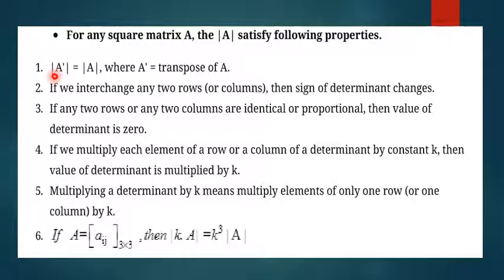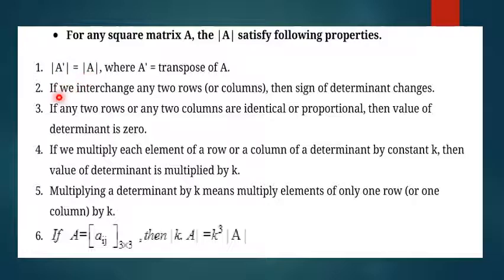The determinant of A dash equals the determinant of A, that is, A transpose has the same determinant as A, where A dash is the transpose of A. Determinant A dash equal to determinant A means its value does not change. In matrices, the row becomes column and column becomes row in the transpose of a matrix. Here they will become the same, but the value won't change.